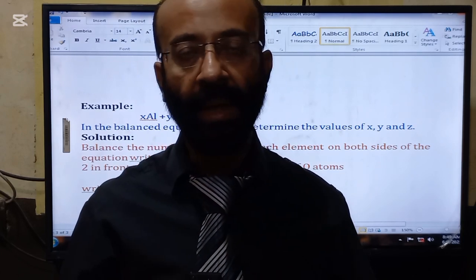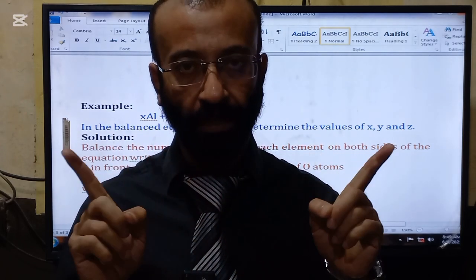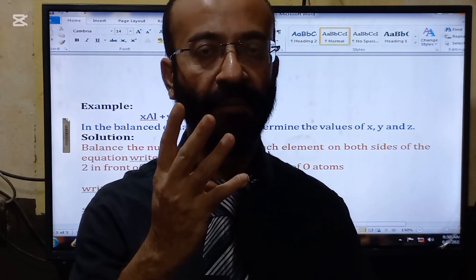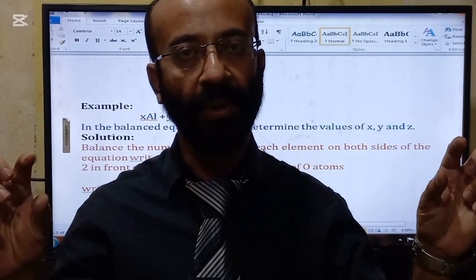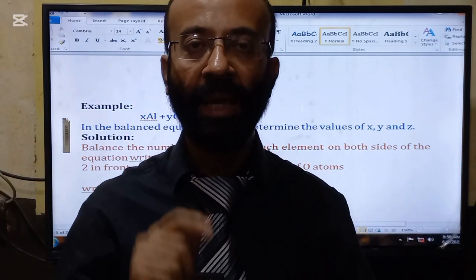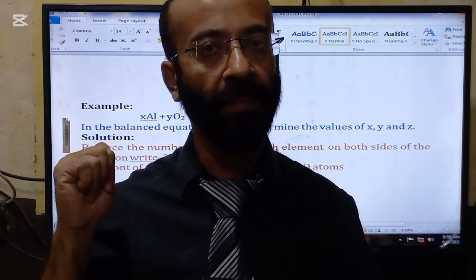Third step will be balance the number of the atoms of each element on both sides. And the fourth step, that will be the last one, will be write the physical states of reactants and products in your equation. This is one of the very important questions, and a question will surely come from this topic.